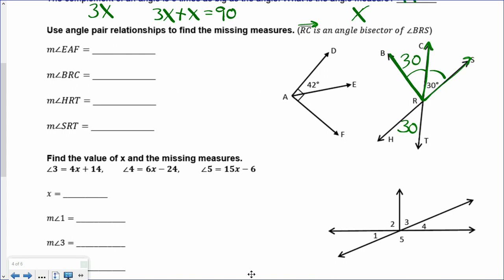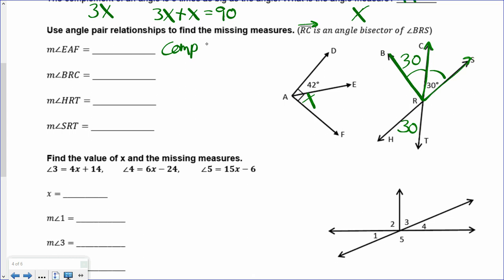Let's go ahead and look at the questions now. I'm looking for the measure of angle EAF, which is right here. Again, what relationship would I use? Complementary. Complementary refers to what in terms of measures? What do we know about complementary angles?